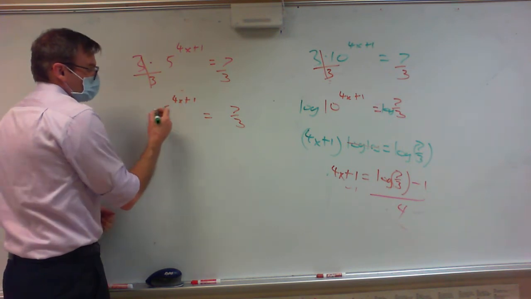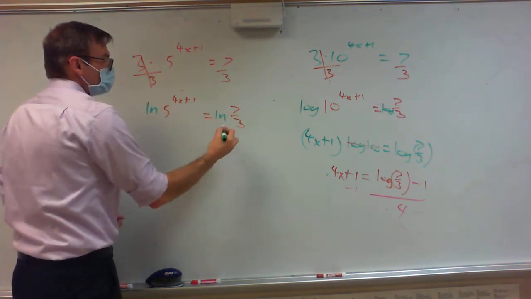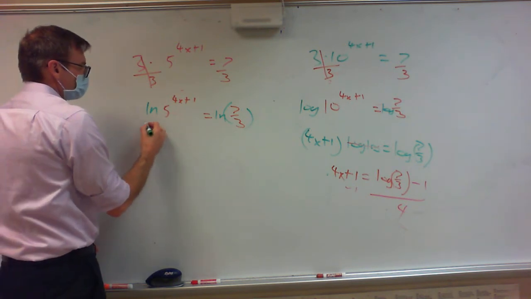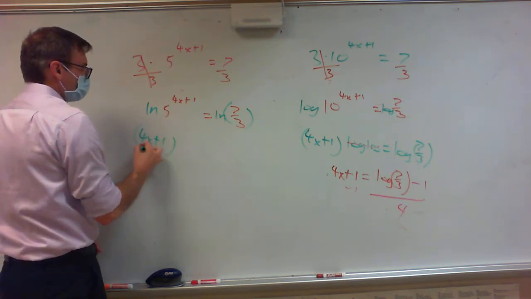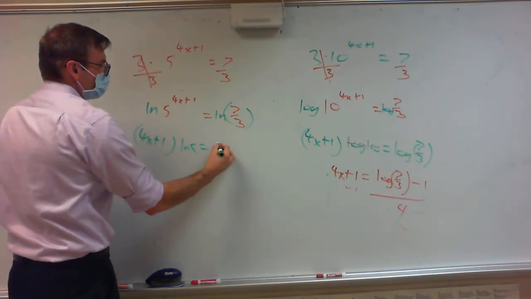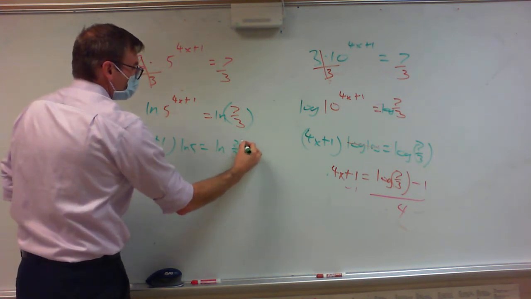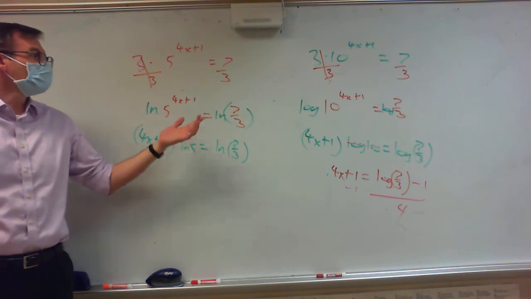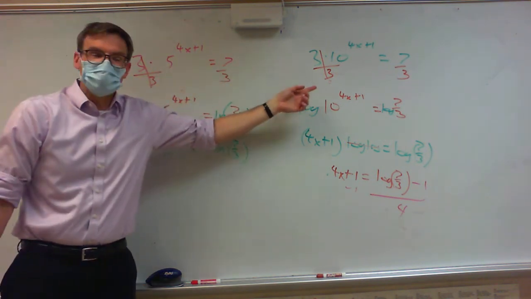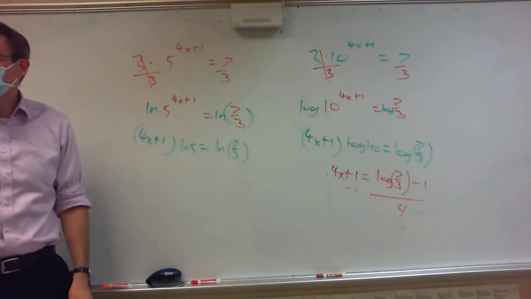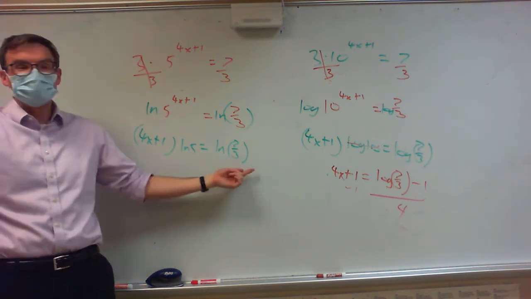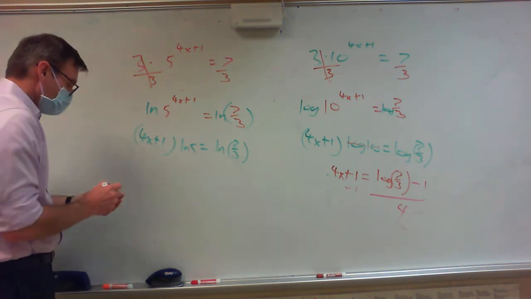Since natural log is kind of the new person I'm using, I'm going to take natural log of both sides. And so this gives me 4x plus 1 times natural log of 5 is equal to natural log of 7 over 3. The biggest difference between this problem is, we got to do a little more work. I'm going to divide both sides by natural log of 5.